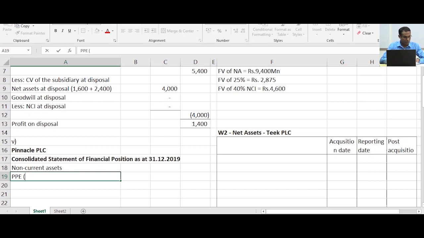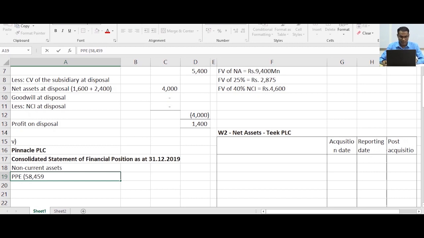Even though you have been given the numbers for 2019, 2018 and 2017, what is important for us to prepare the consolidated financial statement is the numbers relating to 2019. So the property, plant and equipment of Pinnacle is 58,459.